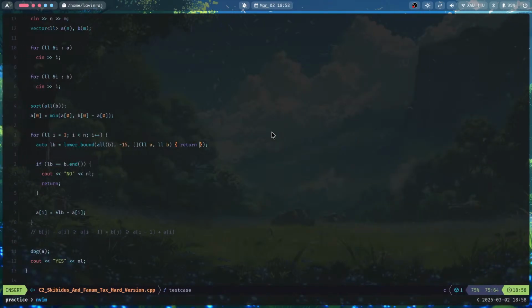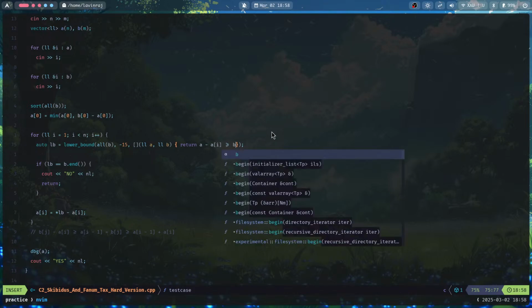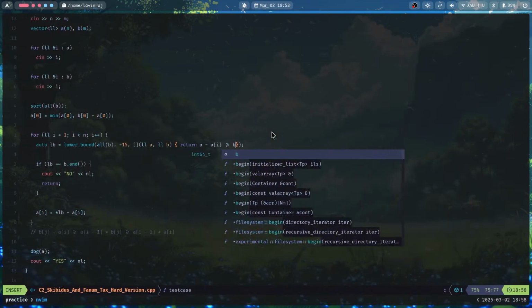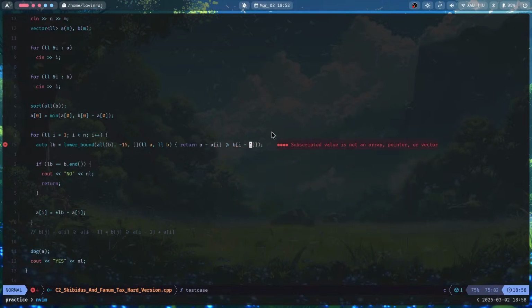So if we subtract a of i from this, this should be greater than or equal to what we have in b of.